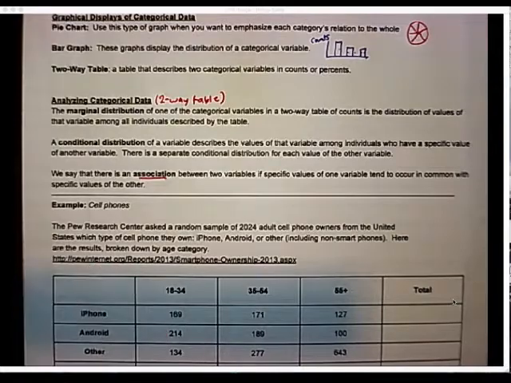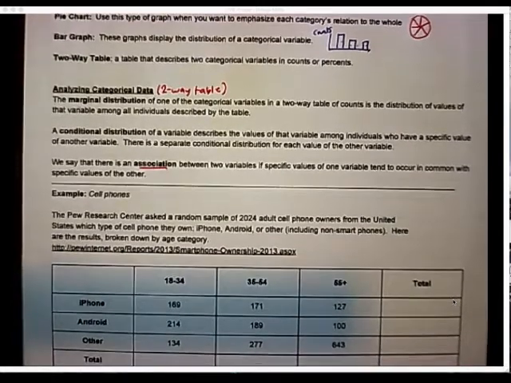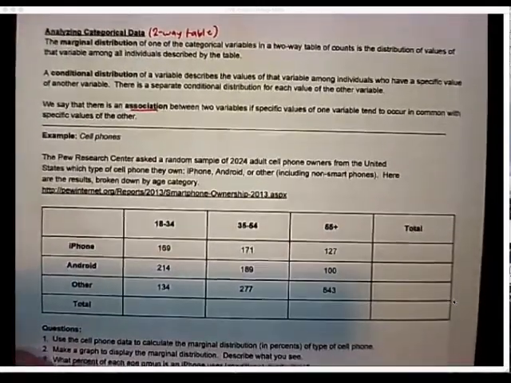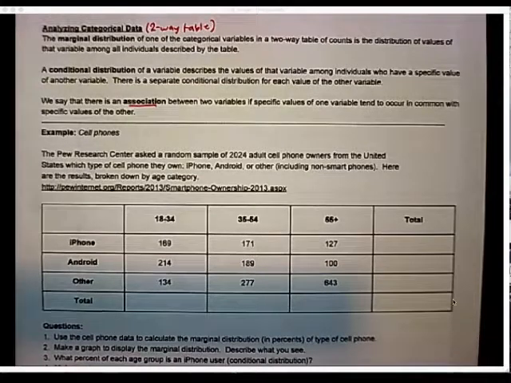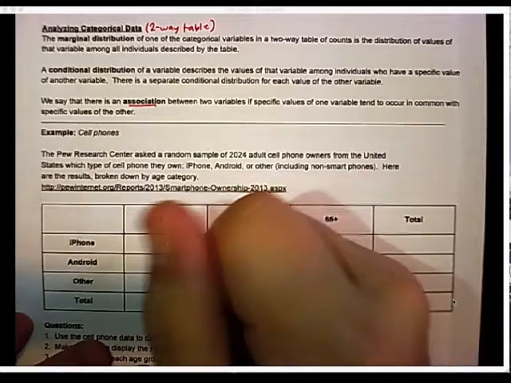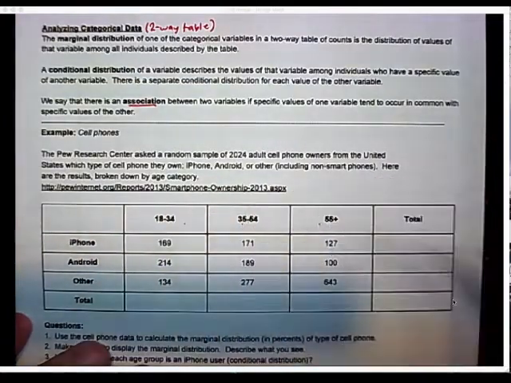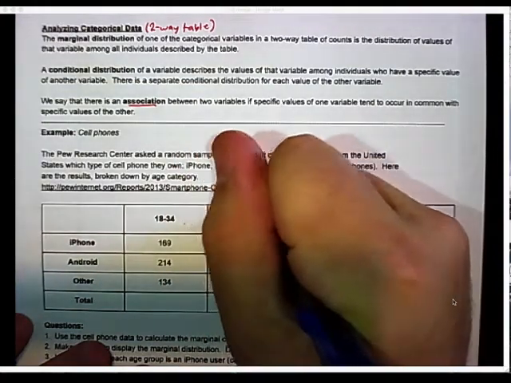So let's take a look at this example so we can understand these terms a little bit better. This example is called cell phones. It says the Pew Research Center asked a random sample of 2,024 adult cell phone owners from the United States which type of cell phone they own: iPhone, Android, or other. And other would include non-smartphones. Here are the results broken down by age category. So we have three categories across the top, and this is the age category.